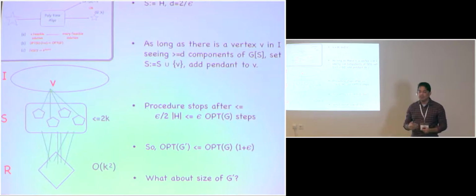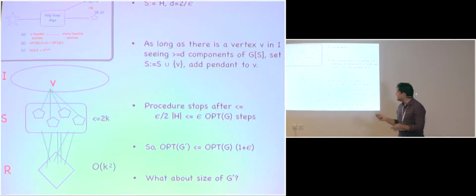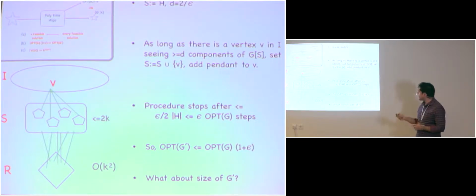So this is an easy way of forcing a vertex to be picked. And we do this as long as you have a vertex here that sees at least D connected components in H, which means that you stop when every vertex in I sees at most D connected components. So this is your stopping condition.